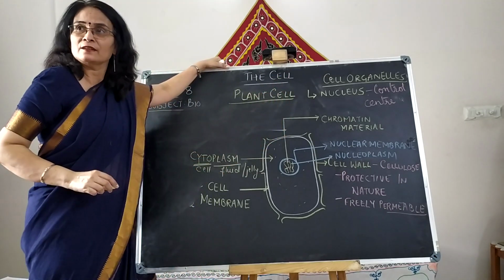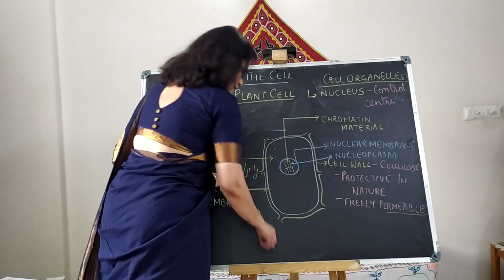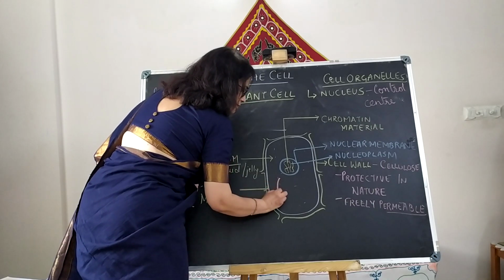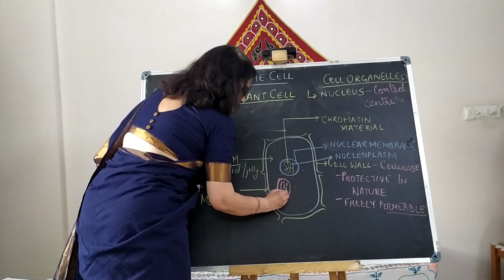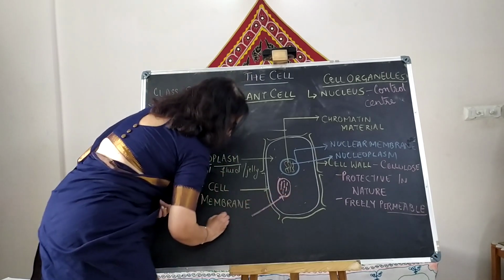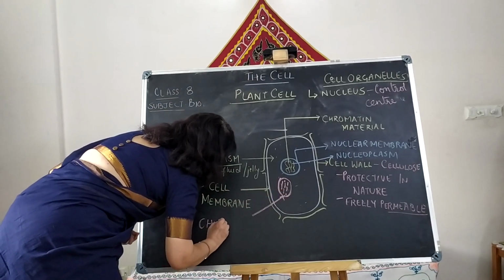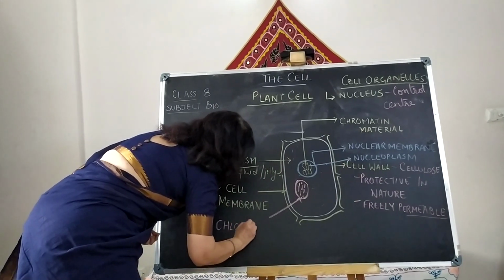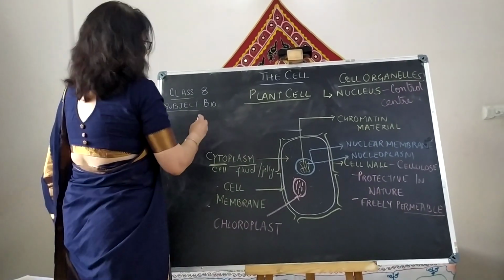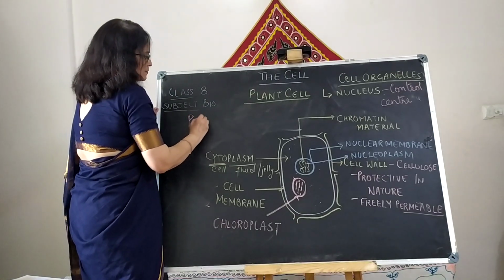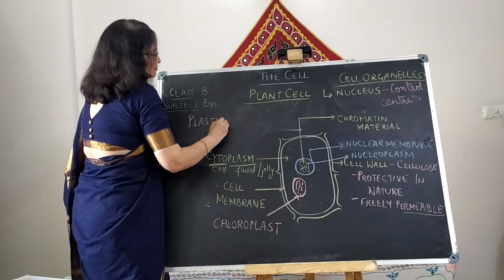The plant cell will also have certain organelles known as chloroplast. Let me draw like this. Chloroplast. Actually, in the plant cells, there are 3 types of plastids.